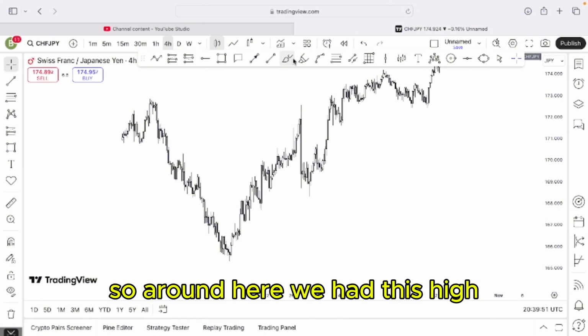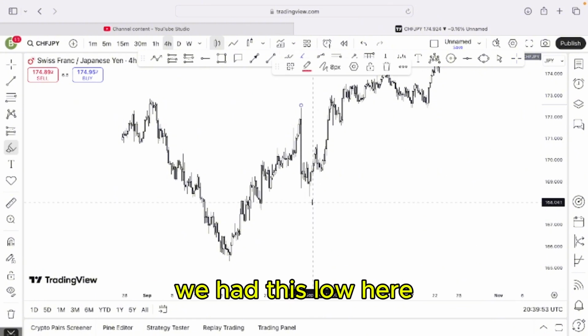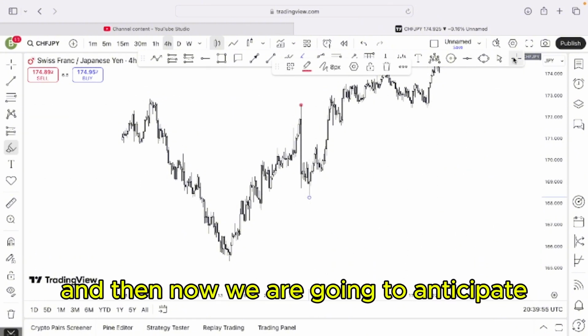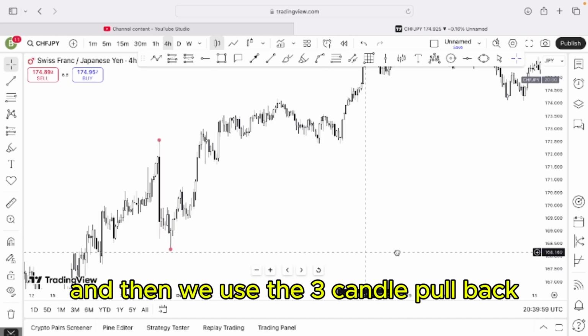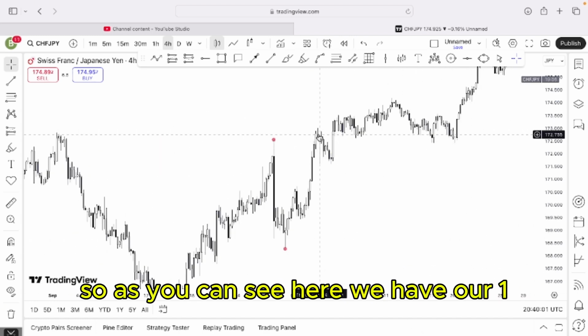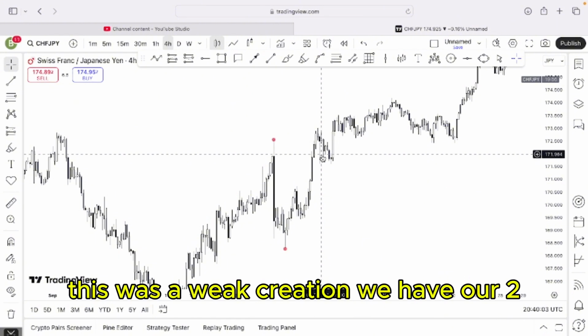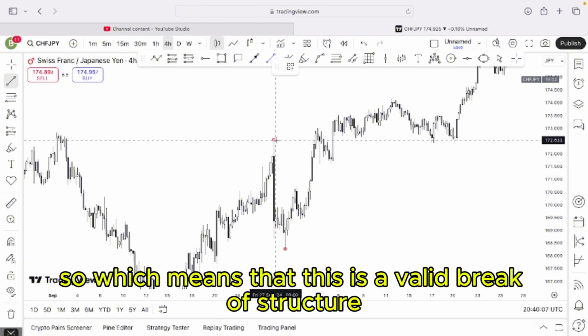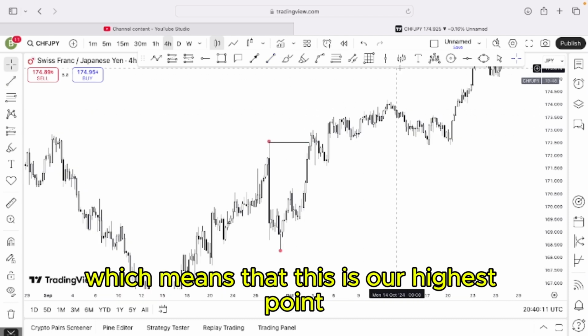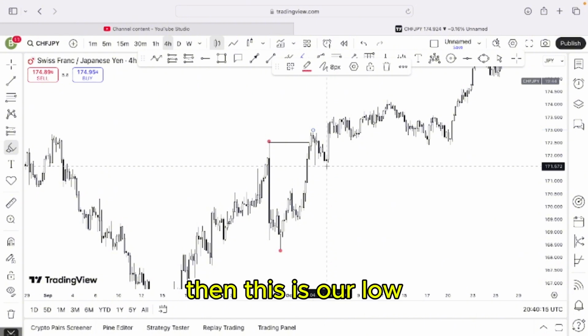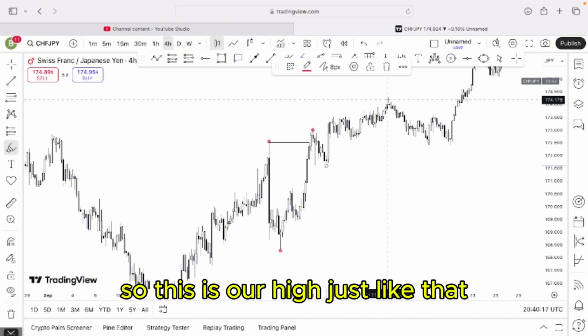So around here we had this high, we had this low here, and then now we are going to anticipate our highest point, and then we use the 3 candle pullback. So as you can see here, we have our 1, this was a weak creation, we have our 2, then we have our 3. So this is a valid break of structure, guys. Valid break of structure, which means that this is our highest point, then this is our low, so this is our high, just like that.